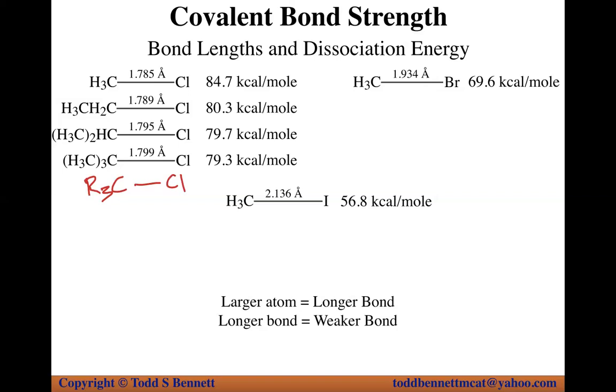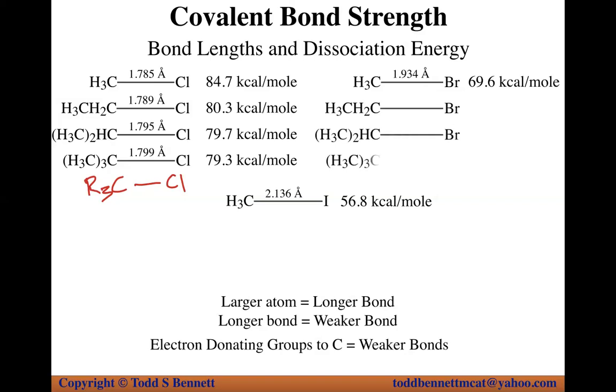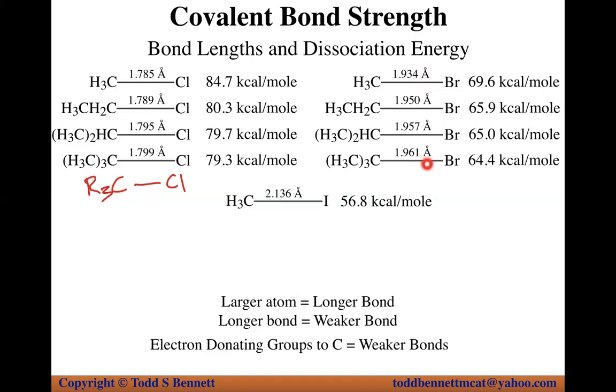Okay, so let's go ahead and consider what happens. So electron donating groups to C make weaker bonds. They share electron density, which repels the other atom away a little bit and makes it longer and therefore weaker. Here we see the same trend. We see the bond getting longer as 1, 2, 3 different CH3s come in. And as the bond gets longer, the bond energy goes down, the bond gets weaker.